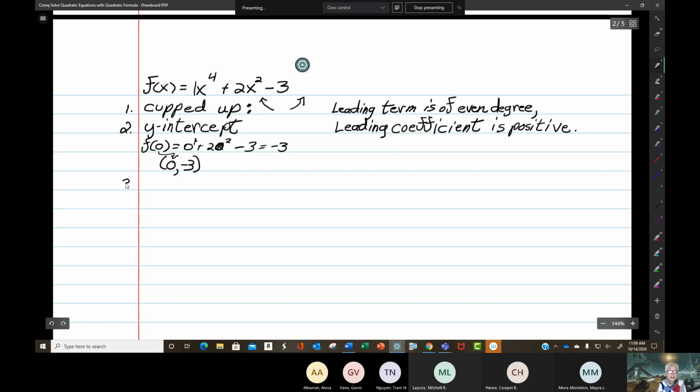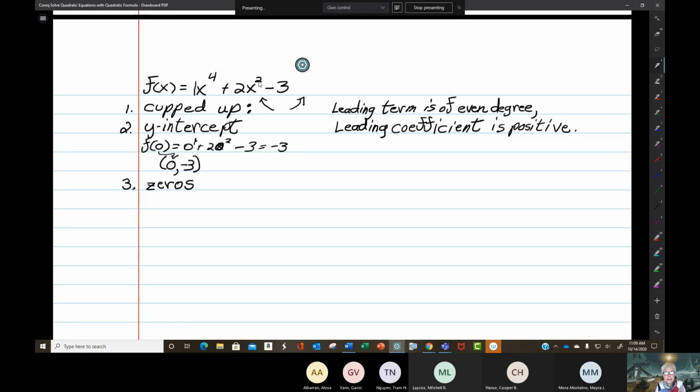You can easily graph that if you were asked to. Okay, now 3. We need to find the zeros. And we could factor initially, again, because -3 breaks down into +1 times -3, and +3 times -1, and 3 plus -1 is +2.